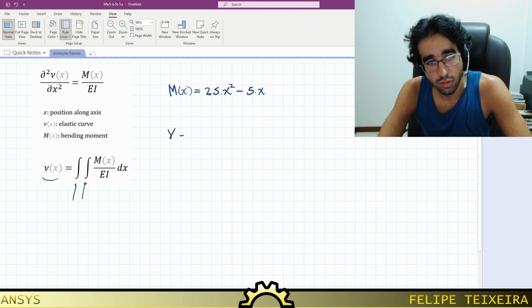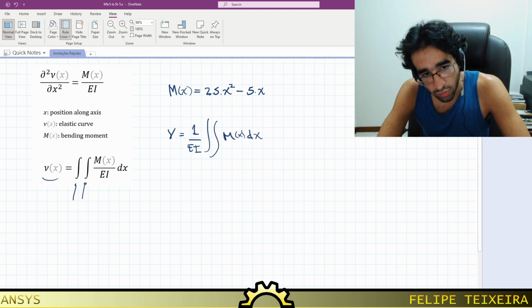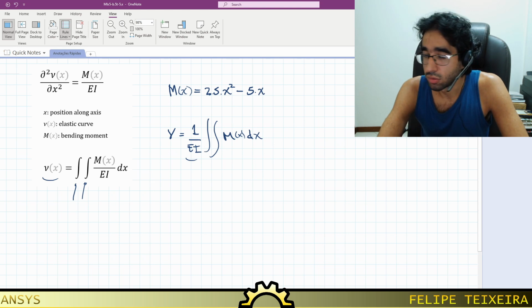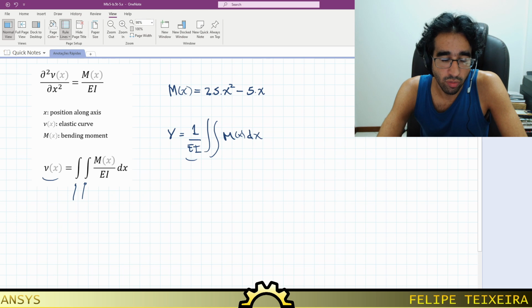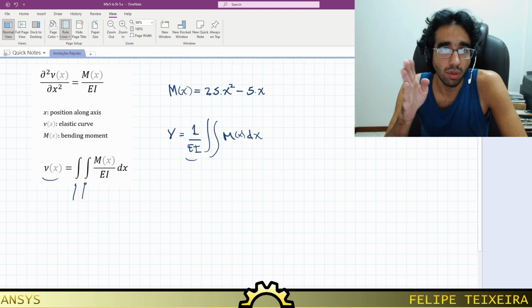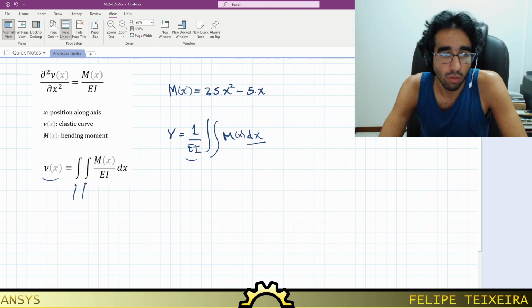The elastic curve is going to be 1 over EI integral m of x dx. I brought this fraction outside of the integrals because neither E, elastic modulus, nor the second moment of area vary along the length of the beam. They're constant, so they do not vary with x. So I can bring them outside of the integrals.